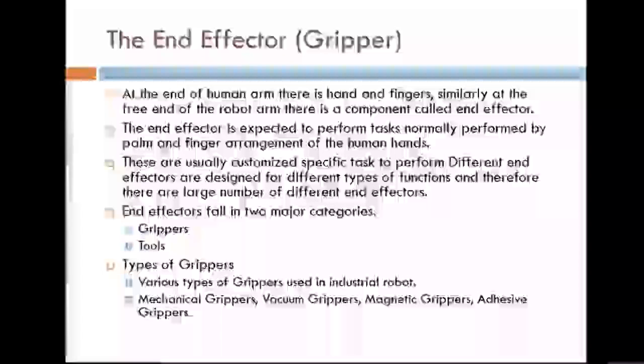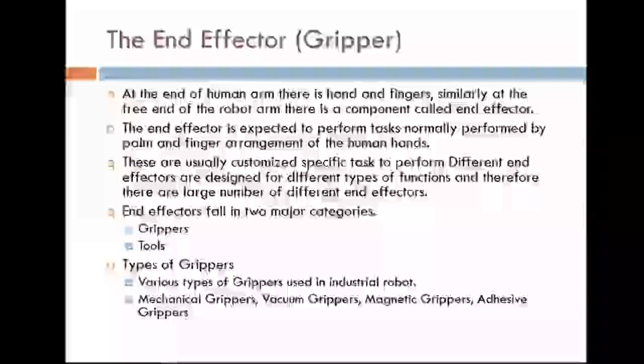In this condition, the robot end effector is called a gripper.